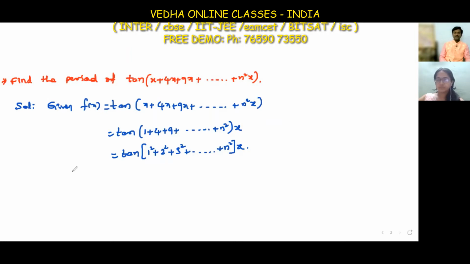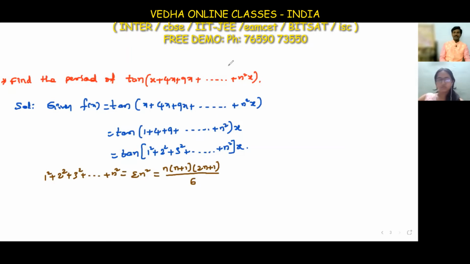What is the formula? 1 square plus 2 square plus 3 square and so on plus n square is equal to sigma n square, which is n into (n plus 1) into (2n plus 1) by 6. This is the formula for finding the sum of squares of the natural numbers.